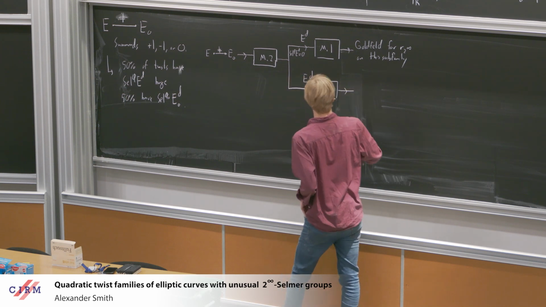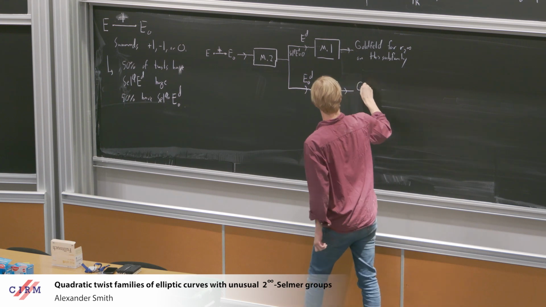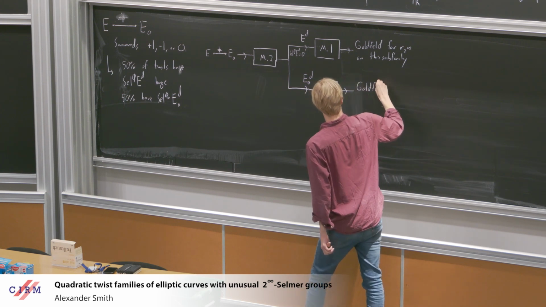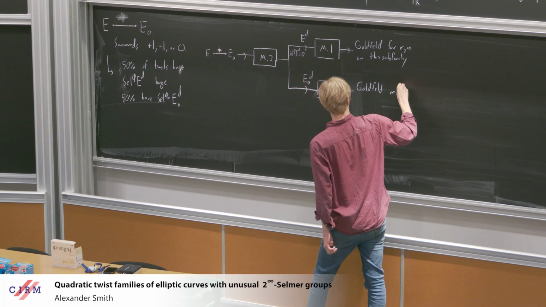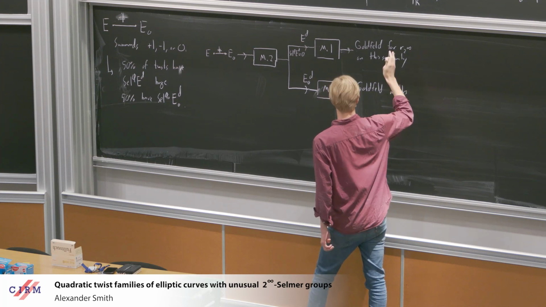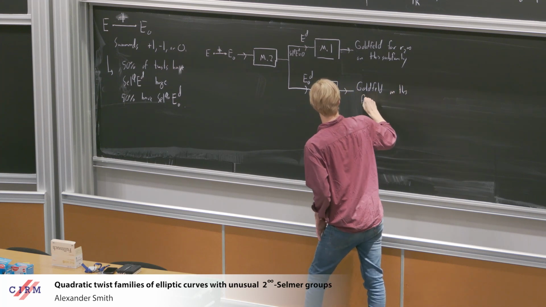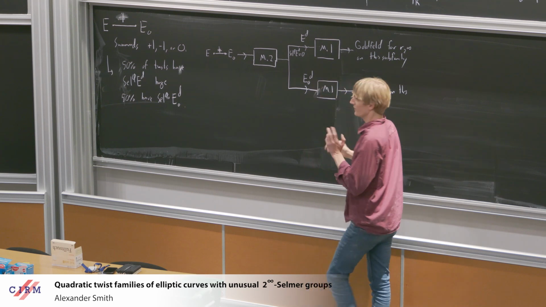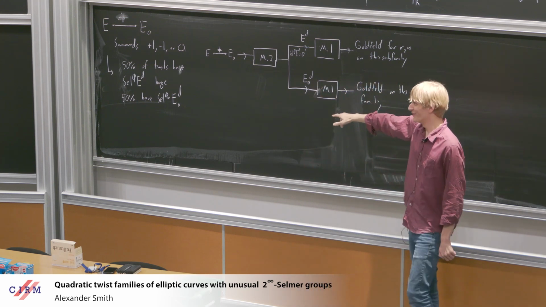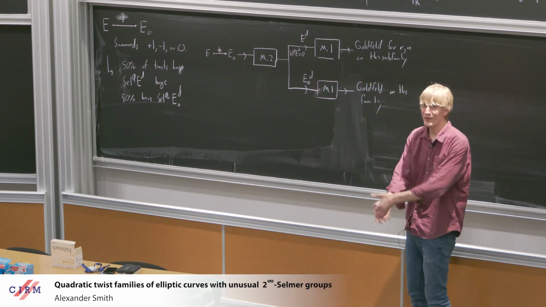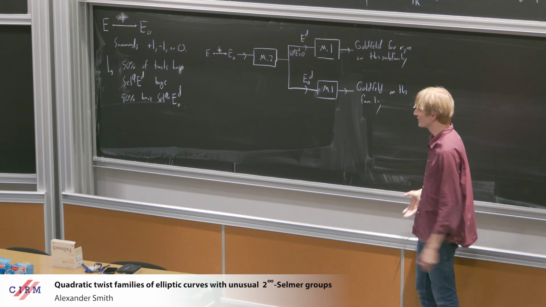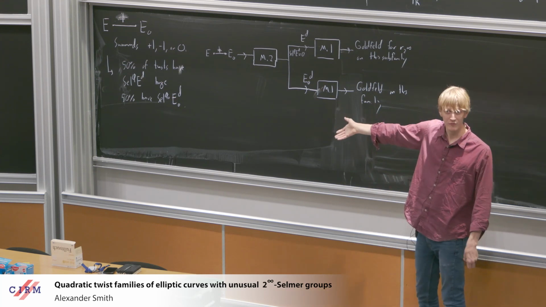So we put them into machine 1, and then we get Goldfeld on this family, again for 2^∞ Selmer ranks. Now we have these two subfamilies that together make the whole family, so we smush them together, and that's how we prove Goldfeld in this case.